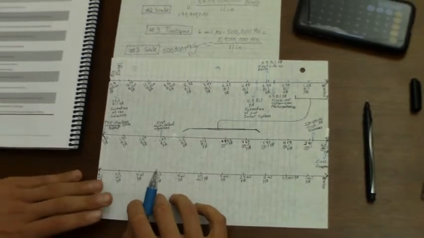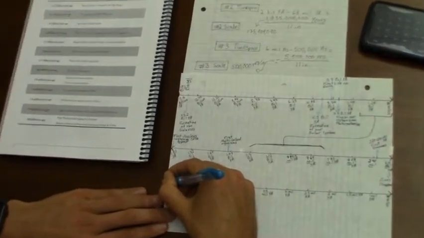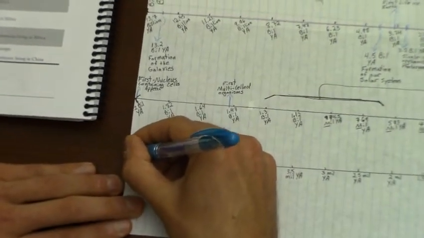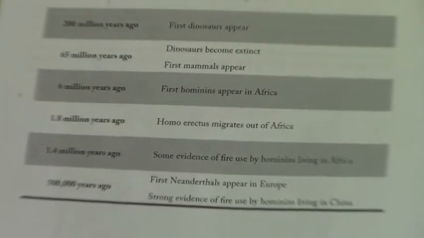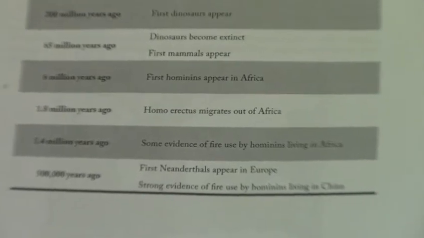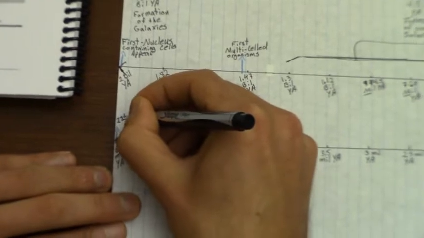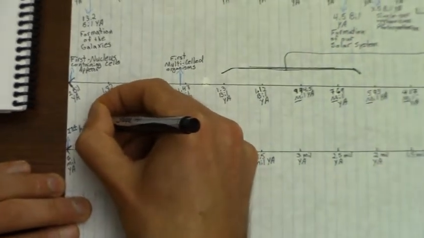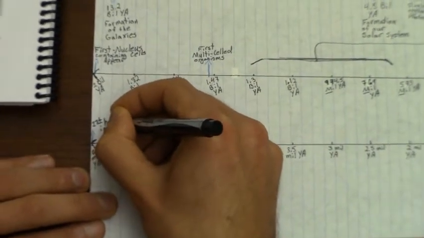Now, we simply fit in our last 4 events. This hash mark translates or converts into an event indicator. First, hominids in Africa.